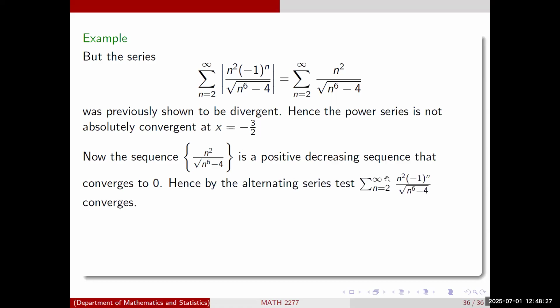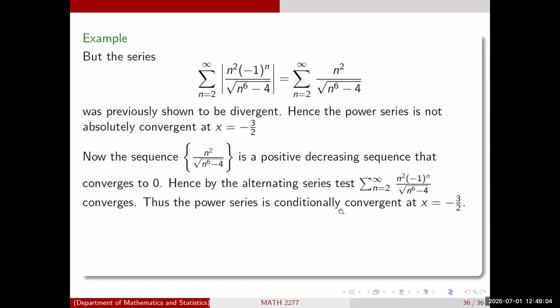And the minus 1 to the n in front causes the sign to alternate. So this is an alternating series. So by the alternating series test, it converges. Okay. So we will say that the power series is conditionally convergent at the point x equal minus 3/2. Conditionally convergent means the series converges, but if I look at the series of the absolute value, it will diverge.